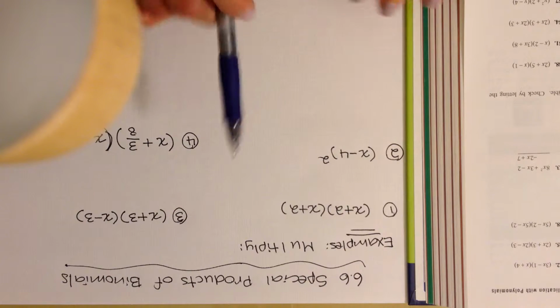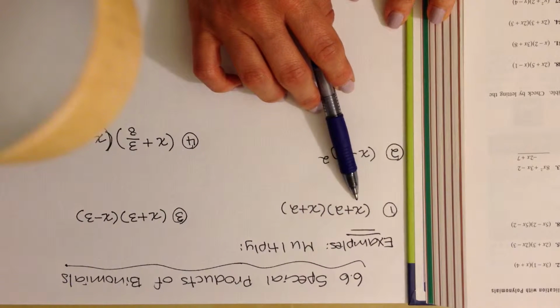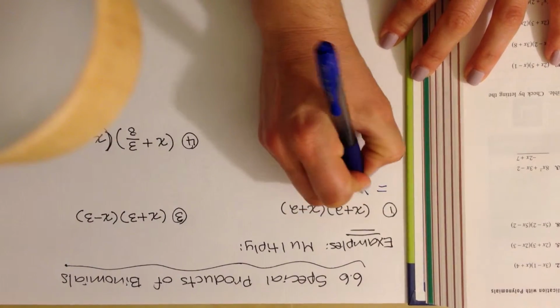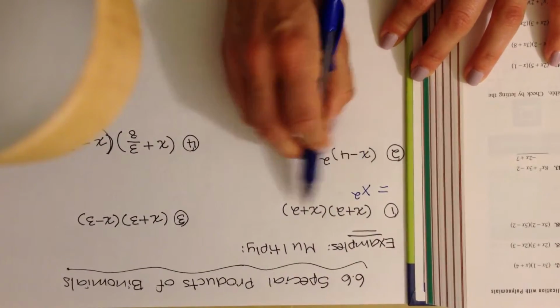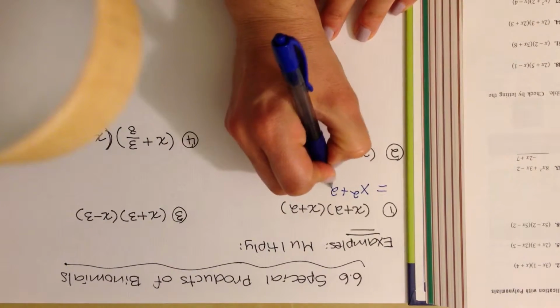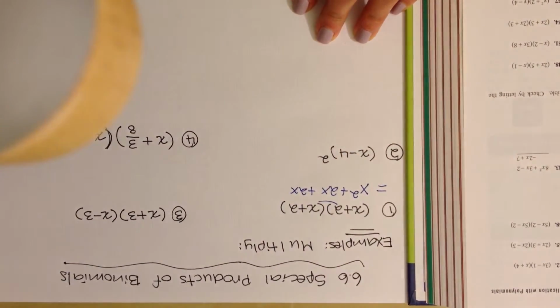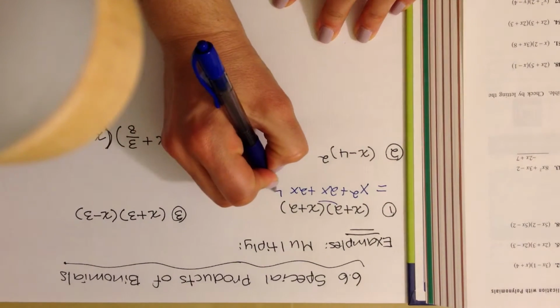Let me show you. So if you multiply like we did before, x times x gives me x squared. X times 2 is plus 2x. Inner is plus 2x. And the last two terms give me 4.